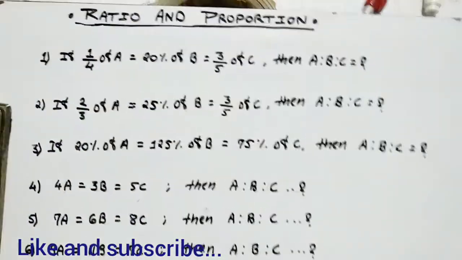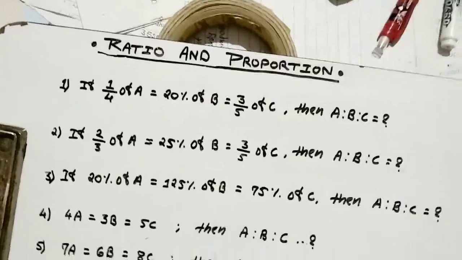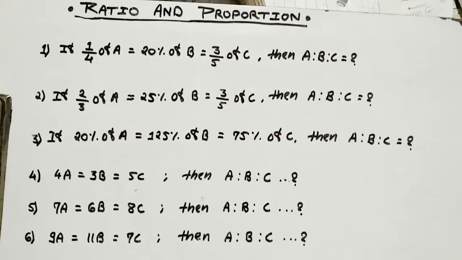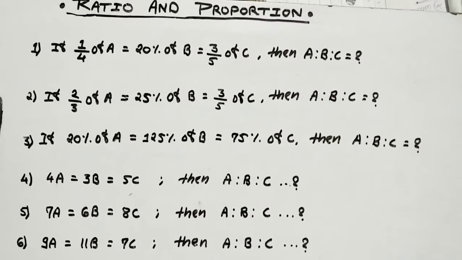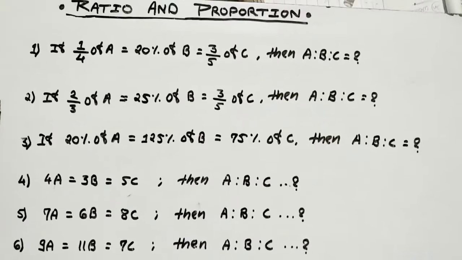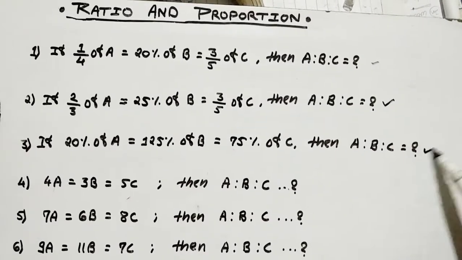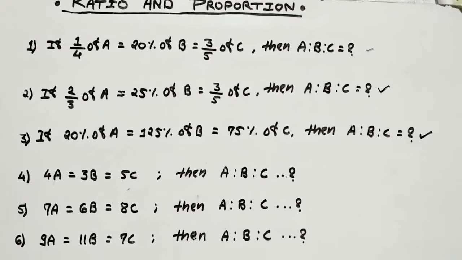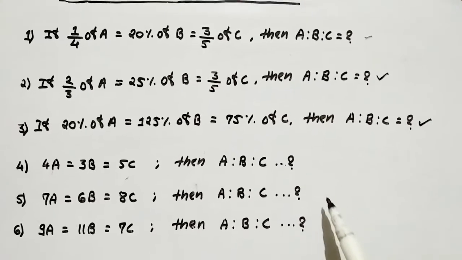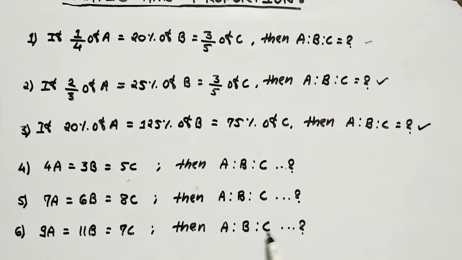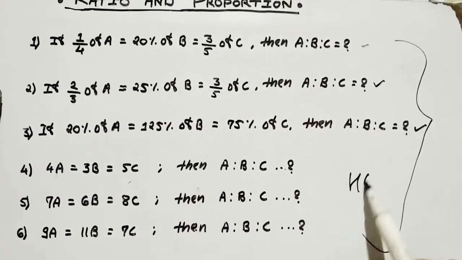So there are 6 problems, and those problems are your homework part. Question number first, second, third, find out the ABC, right? And question number 4, 5, 6, find out the ABC. So students, this is your homework part.